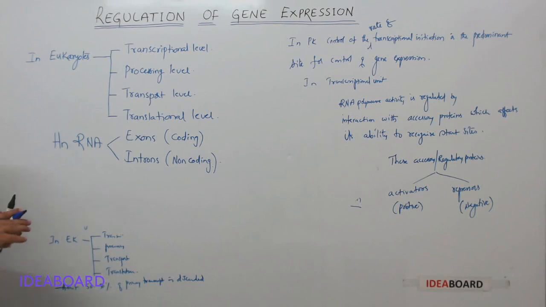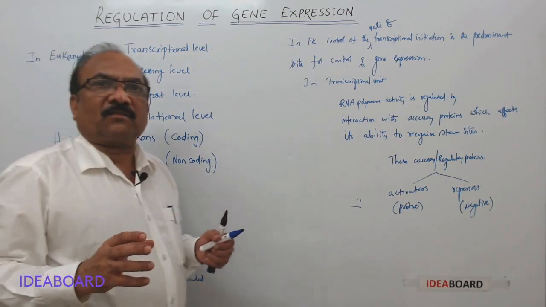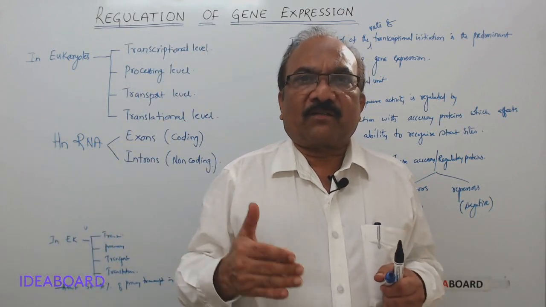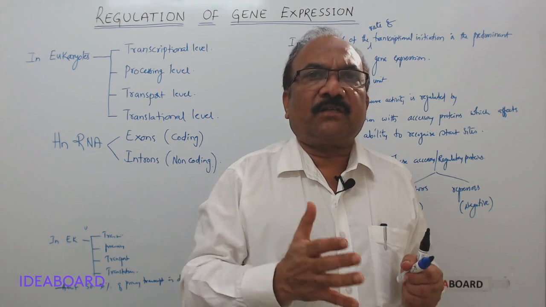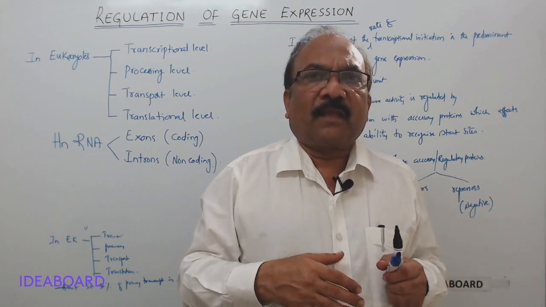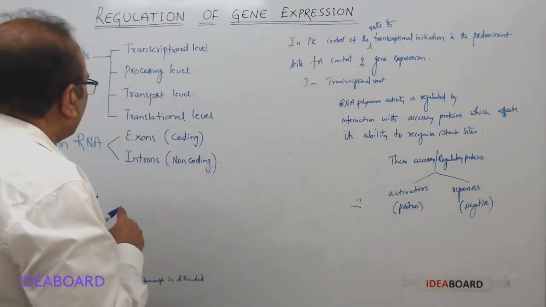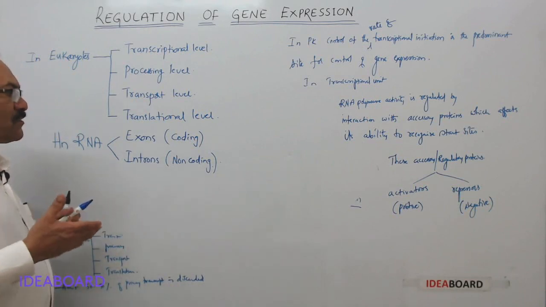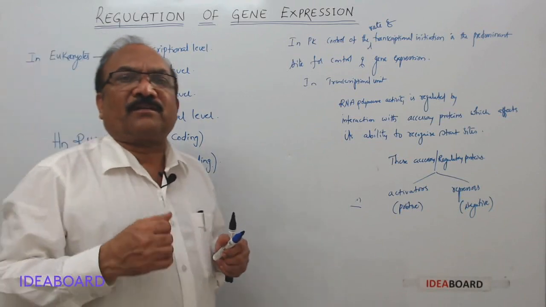And the presence of exons and introns is called split gene arrangement. The presence of exons and introns is called what? Split gene arrangement. And this hnRNA cannot be translated because it has so much useless information.